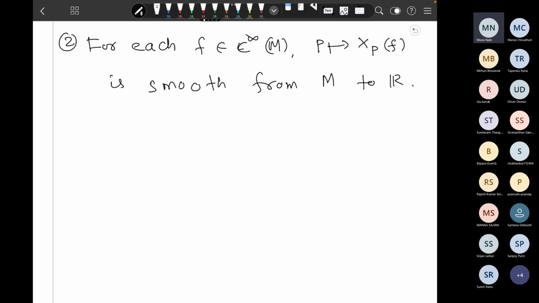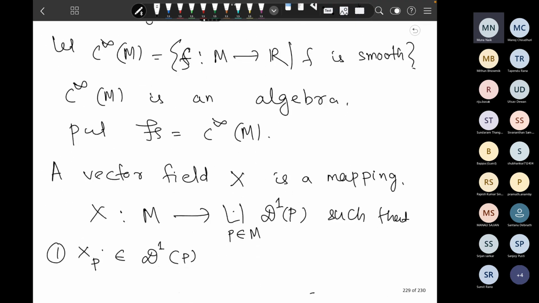Look at the definition very carefully if you have not seen it. A vector field X is a mapping X from M to this disjoint union of D1 p, so that X_p belongs to D1 p. That means X_p is a tangent vector.